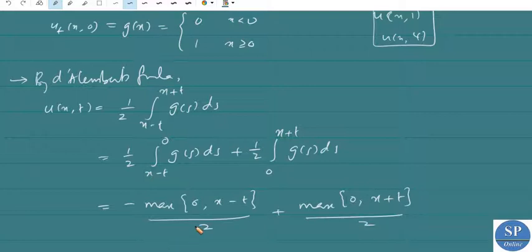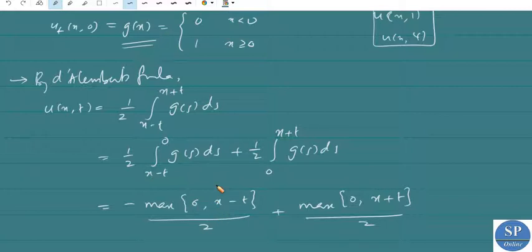If x minus t is less than 0, then by the definition of g, the value of g will be 0 and this integral will be 0. So the maximum will be 0, and we get the value 0.